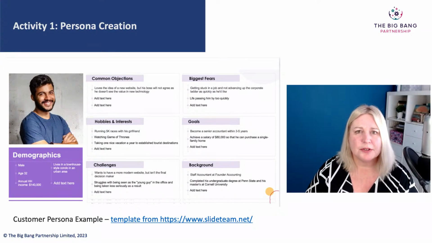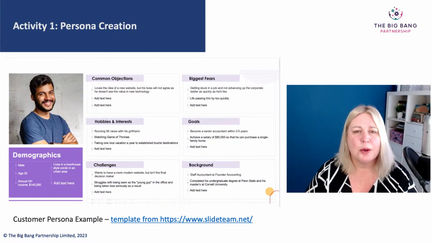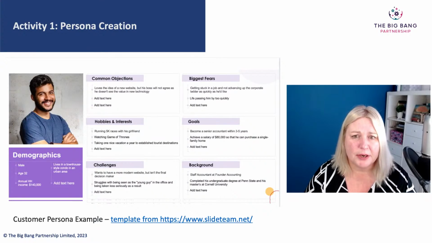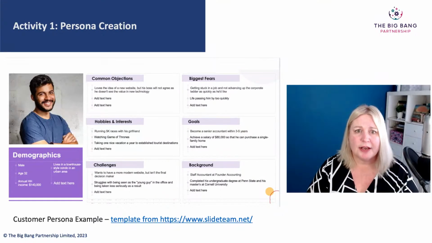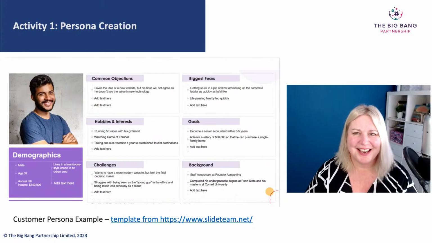And then we've started to think, okay, so who is the customer that we're aiming to target based on some real customers or based on some data, preferably the two. And you're going to create a persona creation map like the one that you see here.